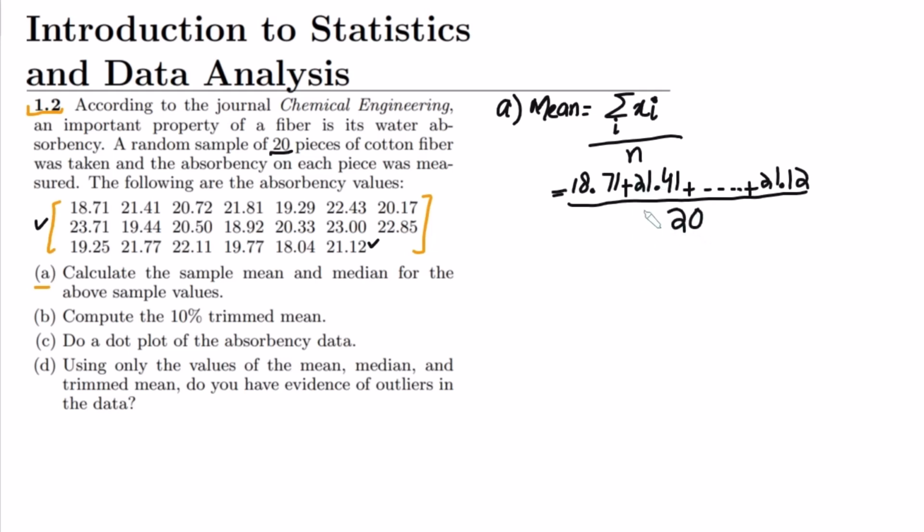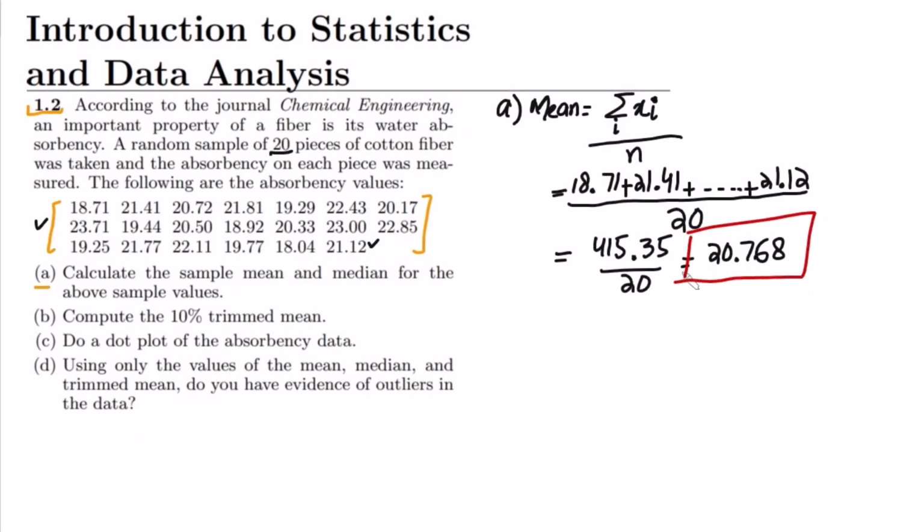Okay, so we have to divide it, and what would we get? We would get here the summation, and the summation here is 415.35 divided by 20, and it will give me 20.76.